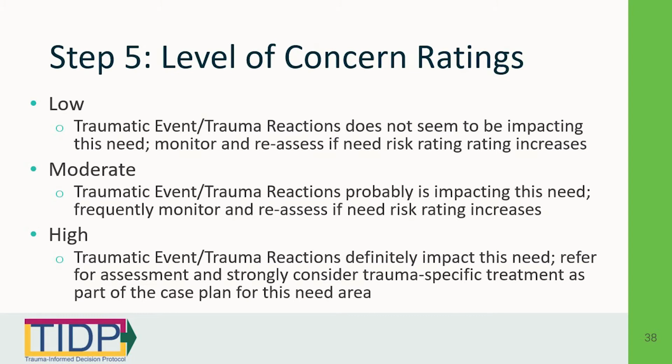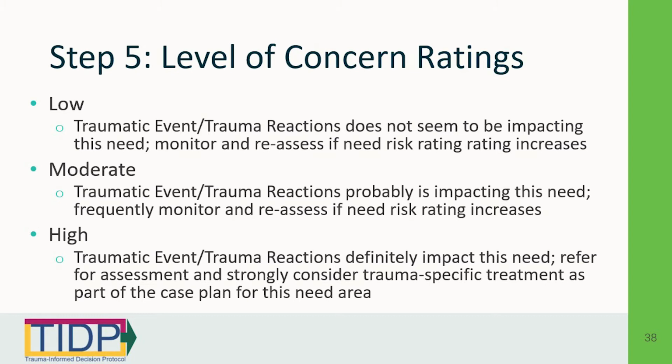What about a high rating? A high rating is going to be when you can say, I definitely think that this traumatic event history or this trauma reaction that is identified as being present is impacting this criminogenic need. Right?